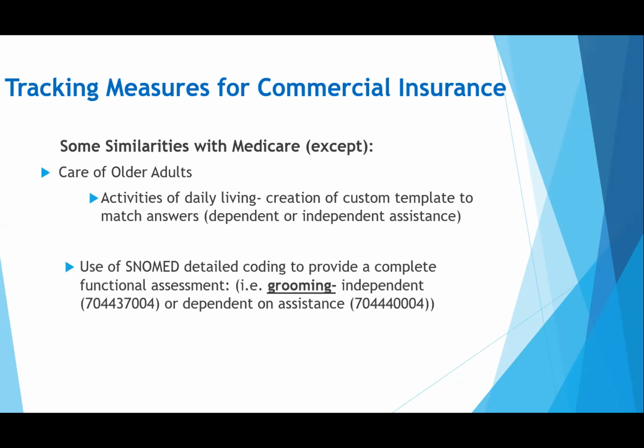So one thing that I was looking at was, how do I use SNOMED CT for this? So I was able to look through the browser and find a lot of the associated findings that relate to the activities of daily living. And this is one example here, the grooming for independent or dependent on assistance.